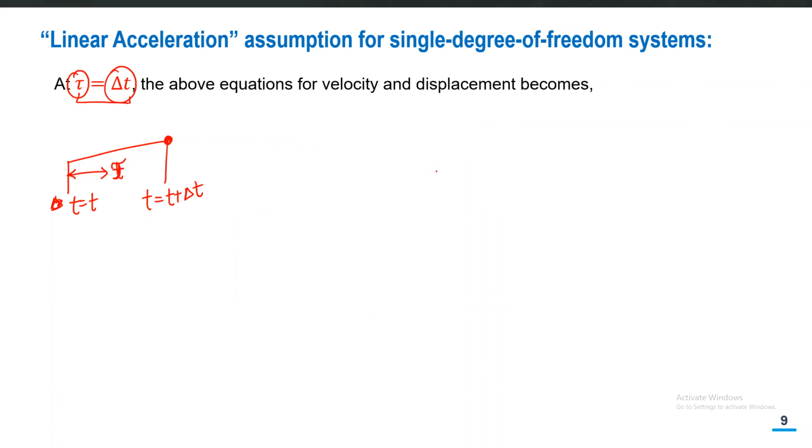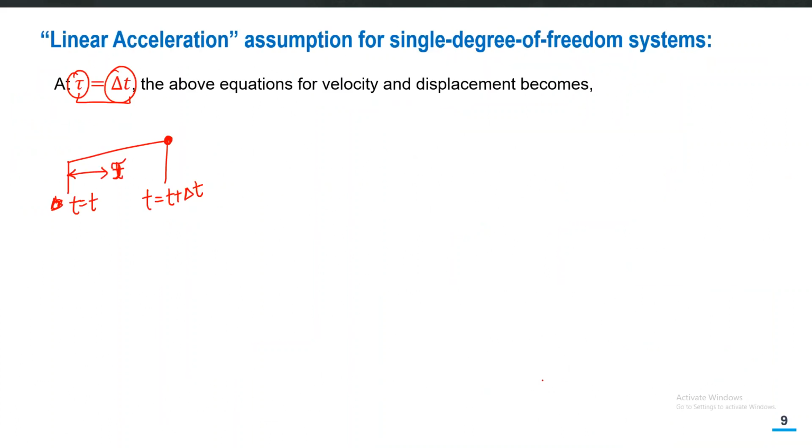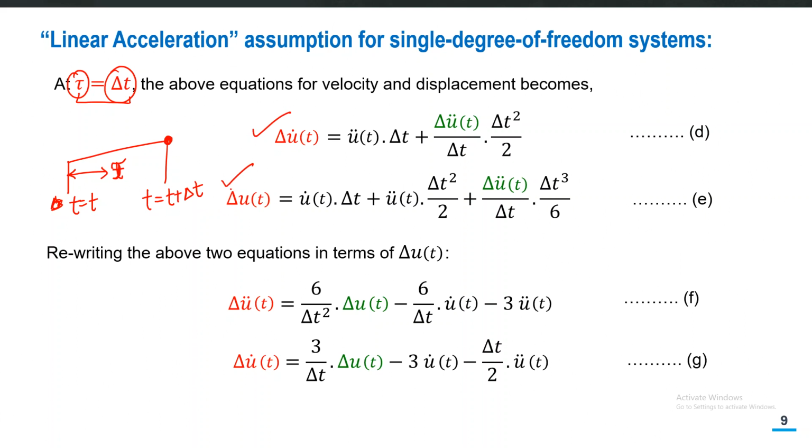So in equation B, if we have tau here, that will be replaced by delta t. Similarly, tau square will be replaced by delta t square. Here also tau square and tau cube and simple tau will be replaced by delta t. And that equation will tell us what will be the total increment in velocity and total increment in displacement at the end of that time increment.